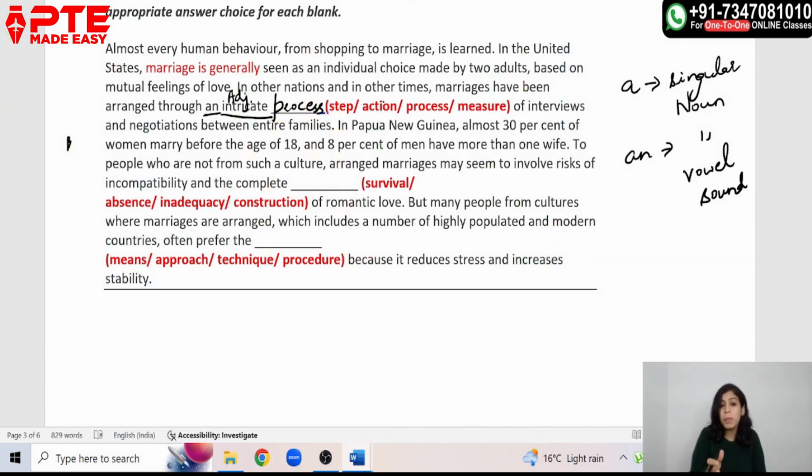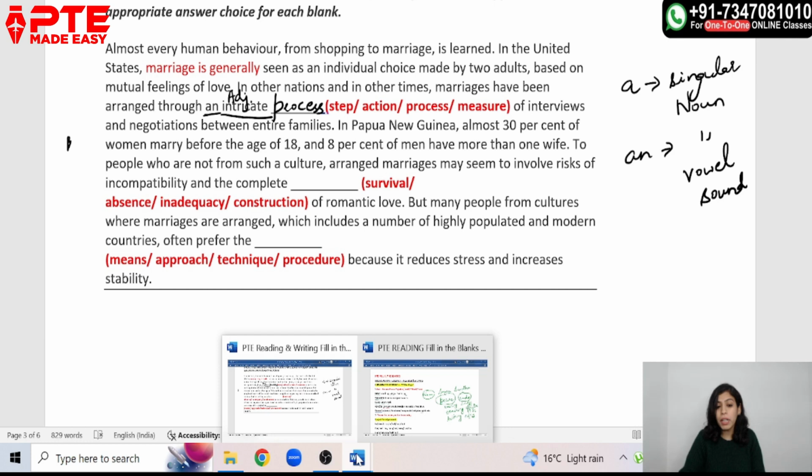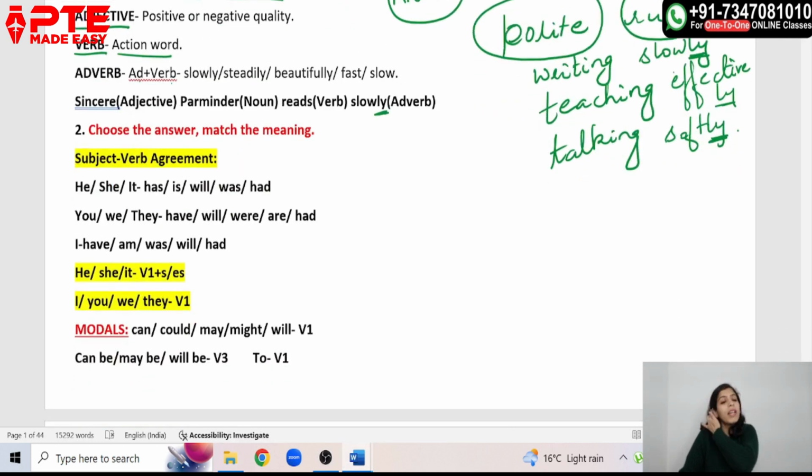And negotiations between entire families. So this is the way we need to do this part. Now let's look at the other rule of grammar. Now here we have subject verb agreement. Choose the answer, match the meaning. Now what are we going to do? Let's say we have he, she and it.